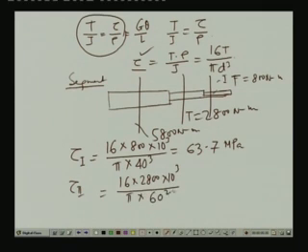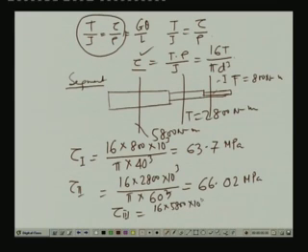The second segment's diameter is 60, and this comes as the value of the shearing stress as 60.02 MPa, and likewise the shear stress for the third segment comes as 16 into 5800 into 10 to the power 3 divided by pi times 80 cube, where diameter is 80, and this comes as 57.7 MPa.